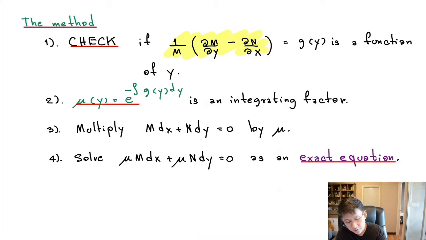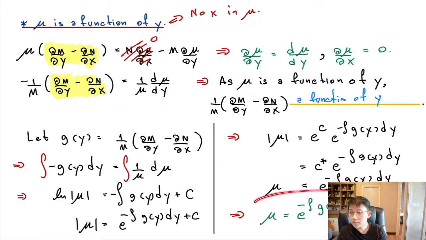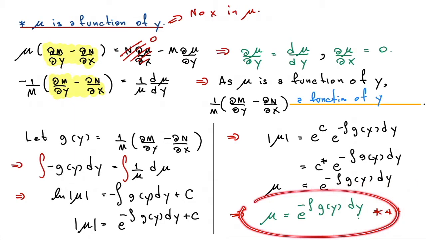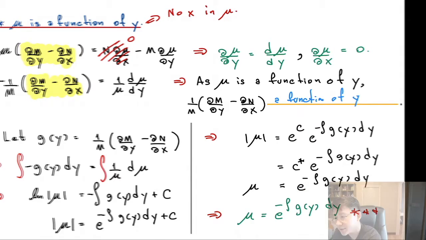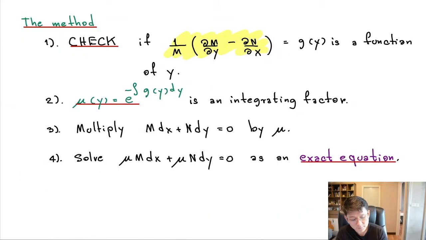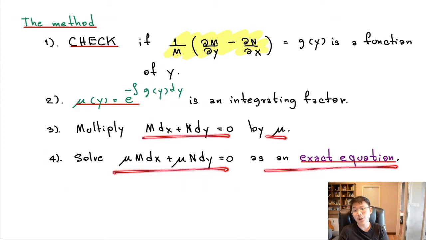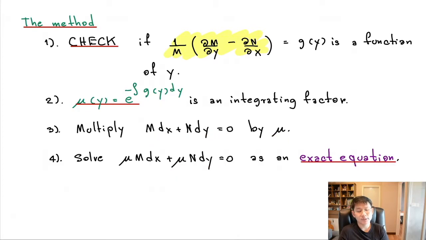And then mu is e to the minus integral of gy dy. It's an integrating factor, right? From what we had in the previous slide. And next, if you multiply this equation by mu, it becomes an exact equation. Makes sense.